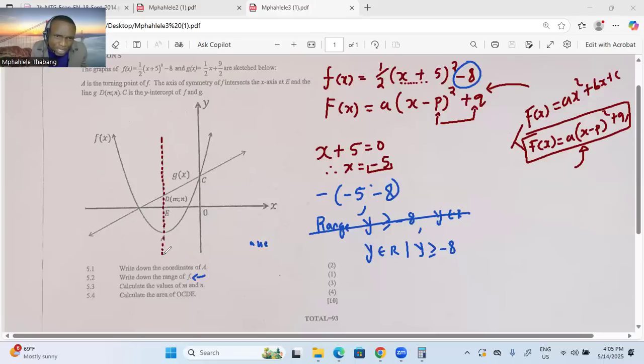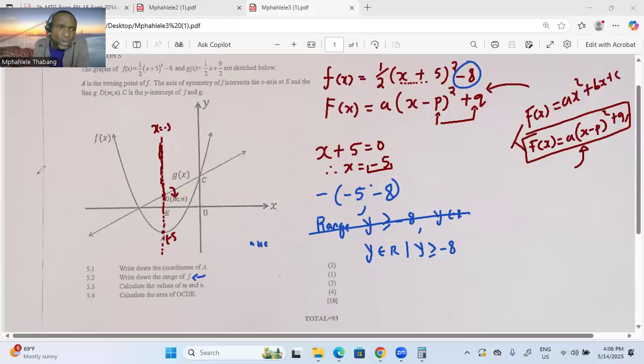On the line of symmetry, x will always be -5. So if we are at D, this x, which is m, is -5. Even if we are at A, the x coordinate will be -5. So the x coordinate will always be -5 along this axis of symmetry.